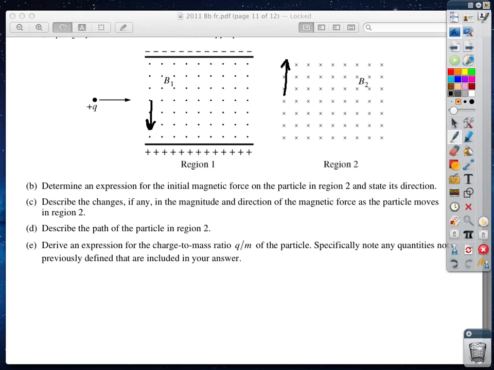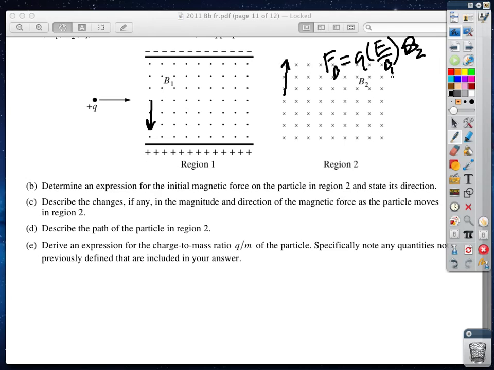Wouldn't you not be able to cancel out the two B fields because they're different magnitudes, B1 and B2? So this one was, they didn't tell us. FB was equal to Q, and then this was E over B, and then this was B2. This is the other. This is B2. Oh yeah, good point. Okay, that's good. They didn't say whether they're equal, but clearly they're not equal because one's going into the board, one's coming out of the board.